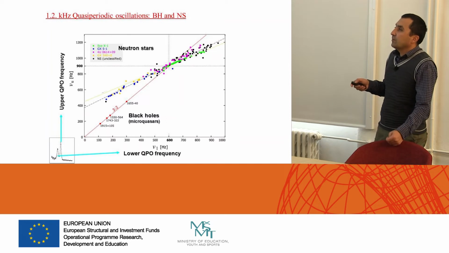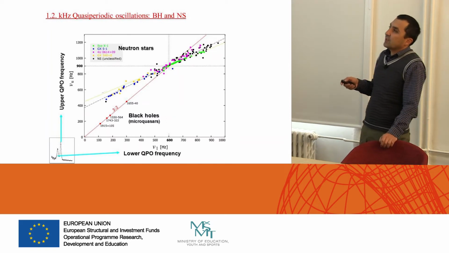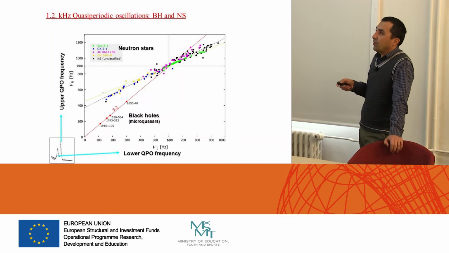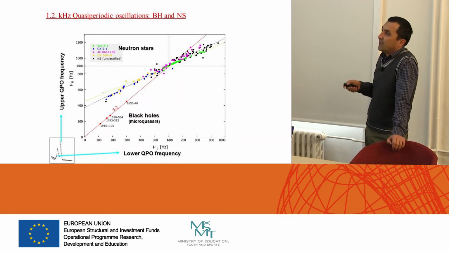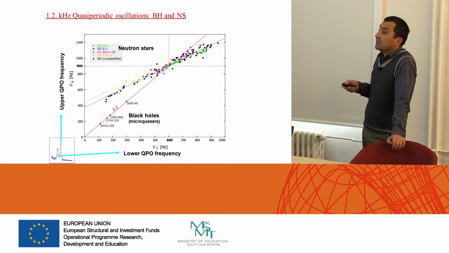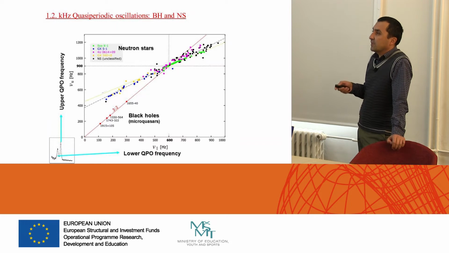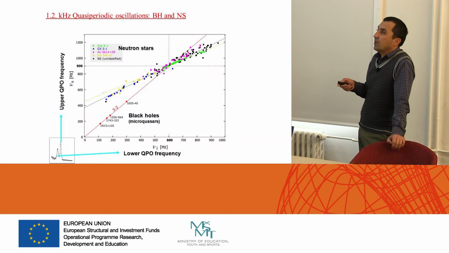Black hole candidates in the low mass X-ray binaries, there are 4, and these 4 have about the same ratio. The mean value of the upper and lower frequency ratio is about 3/2.